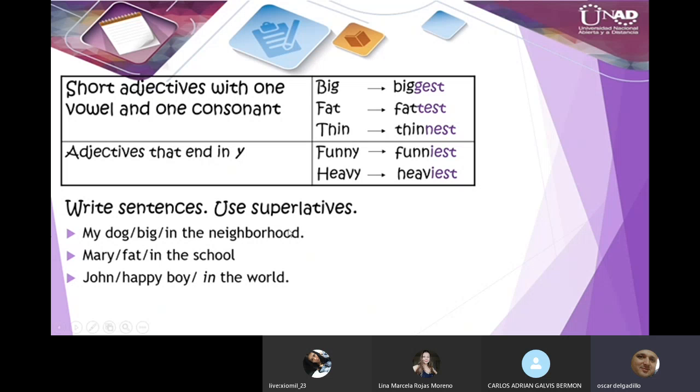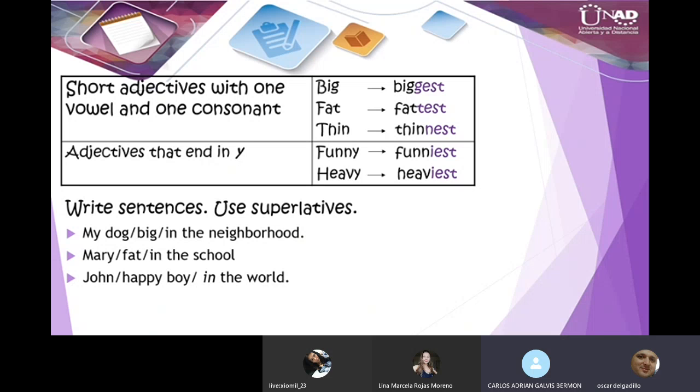Write sentences using the superlative. Carlos, can you order these sentences, please? My dog is the biggest in the neighborhood. Can you repeat, please?